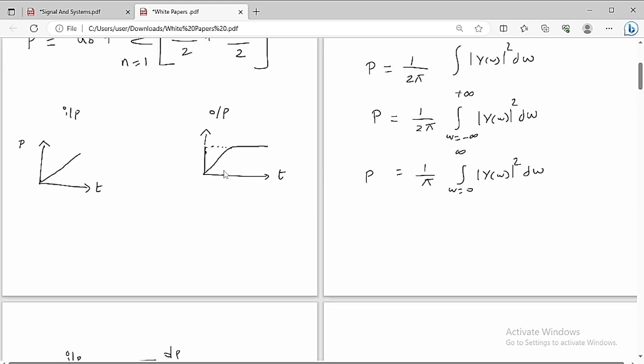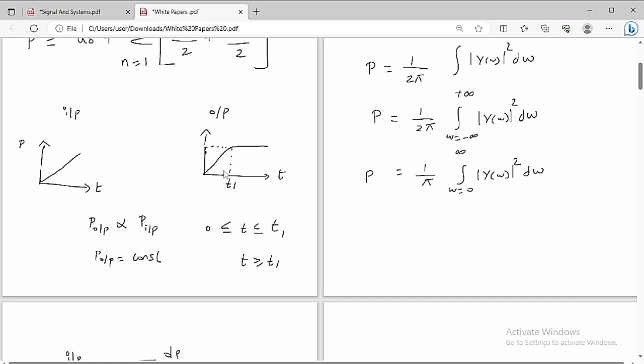Here the input power increases up to a certain time, t1. So for t from 0 to t1, the output power is directly proportional to the input power. But for t greater than or equal to t1, the output power is constant.